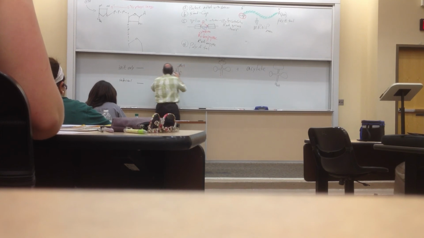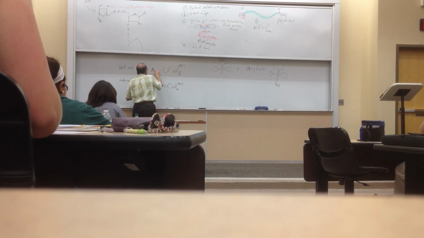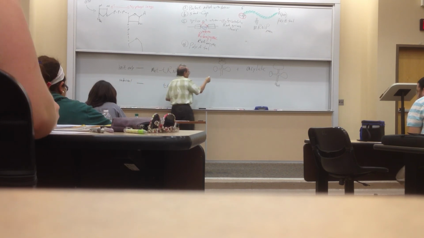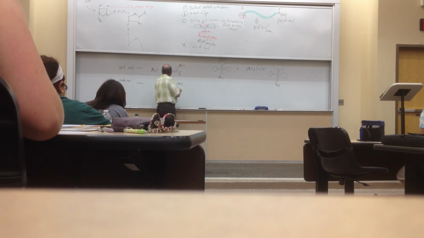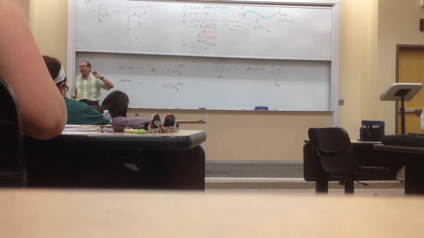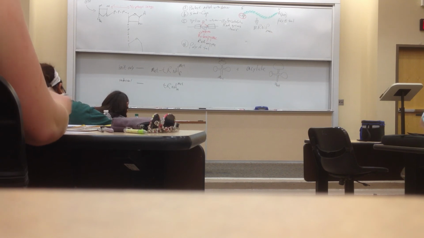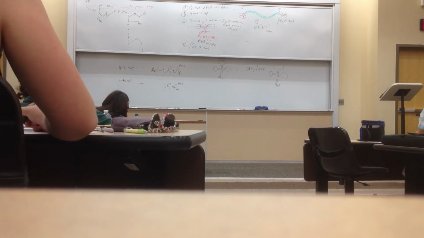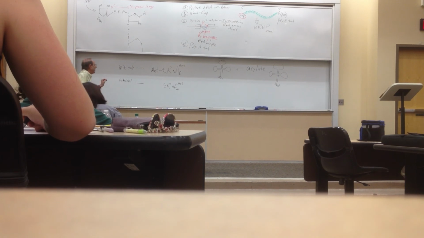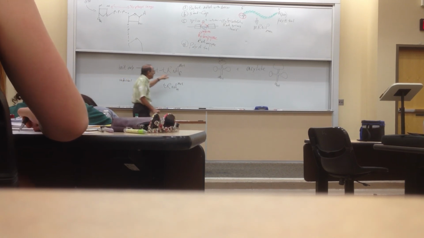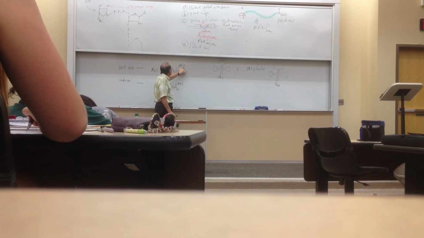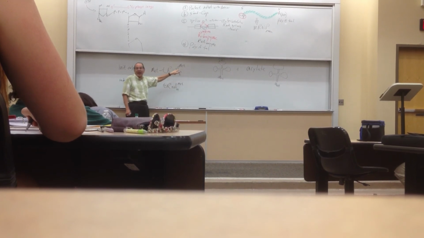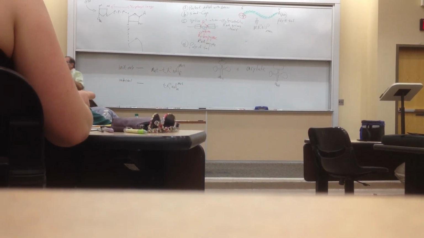Now, once we put an amino acid on, writing methionine in front of the tRNA tells you that this transfer RNA is acylated. This transfer RNA now has an amino acid attached to it, and it's attached to the correct transfer RNA.